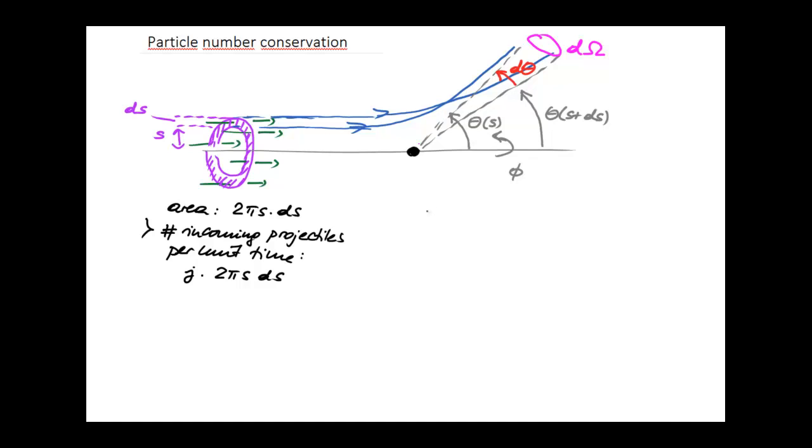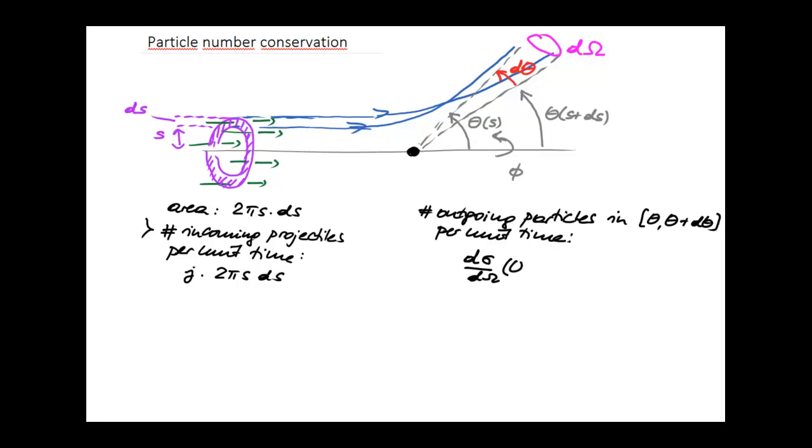So what is the number of outgoing particles in this range of angles between theta and theta plus d theta per unit time? It should be the differential cross-section, which is a function of theta only, times the incoming current density times the spatial angle, d omega.